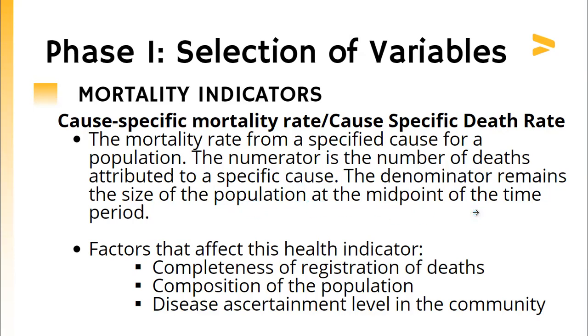To explain this in a simpler way, for example, in this month we had a total of 1,000 deaths in the population. Now, of the 1,000 deaths, 25 died from heart attack or acute myocardial infarction.